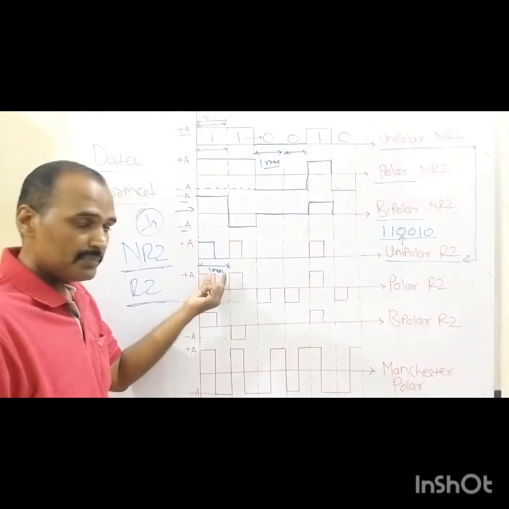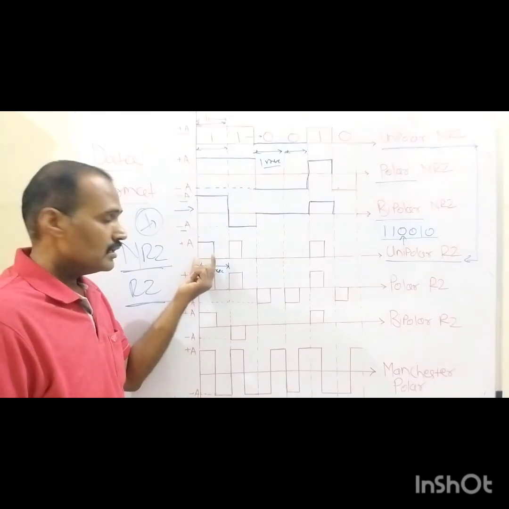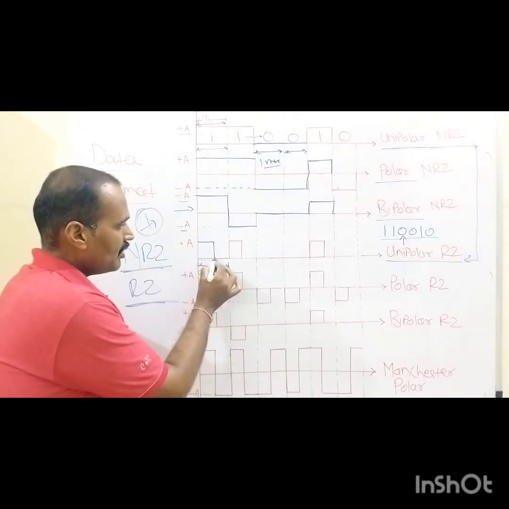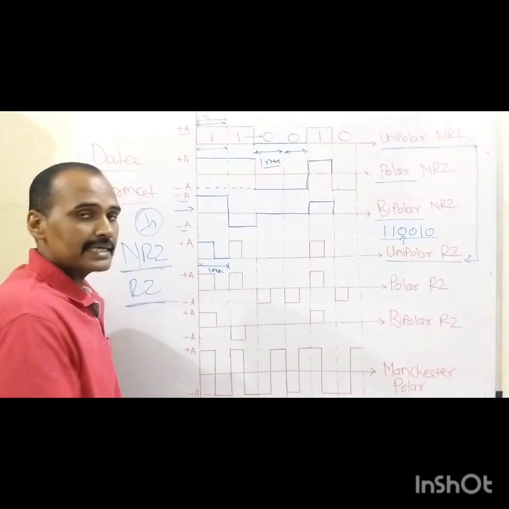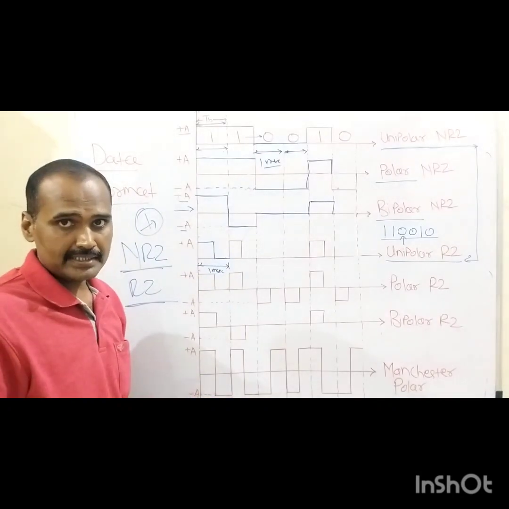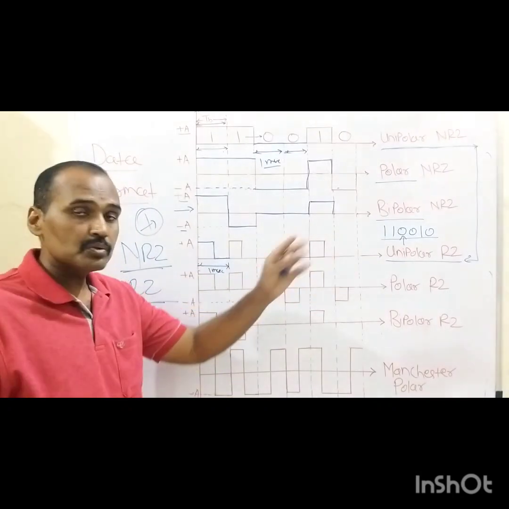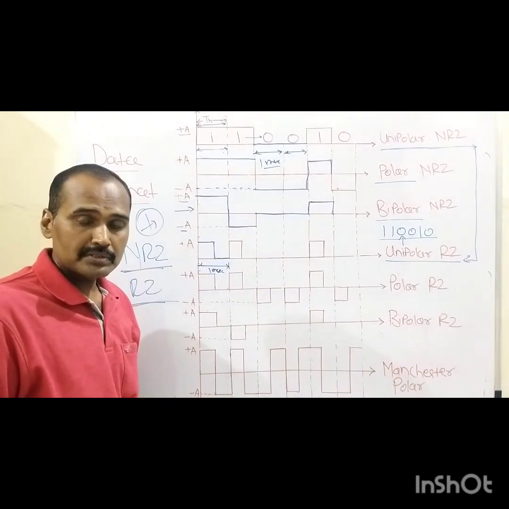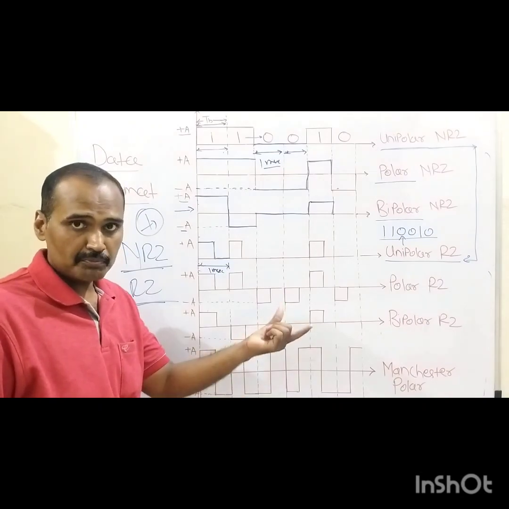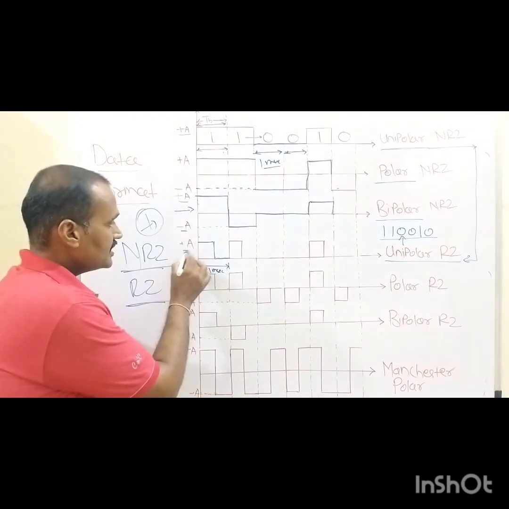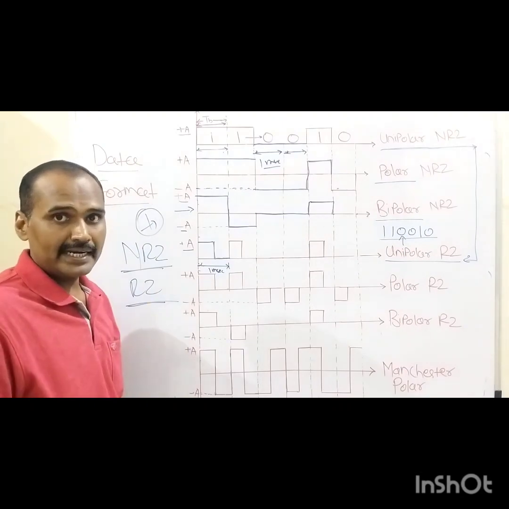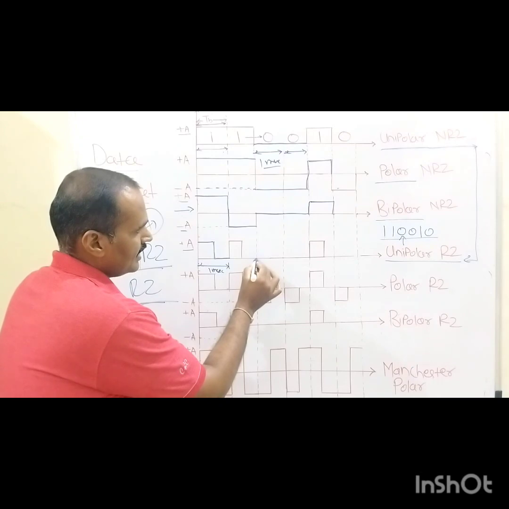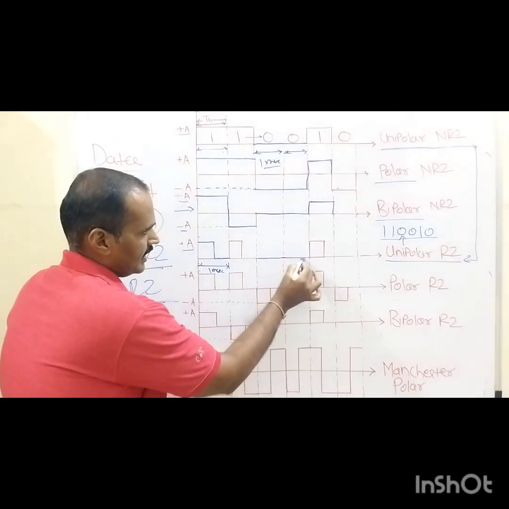So out of that 1 millisecond, for the first 0.5 millisecond, this plus A volt is being assigned, and for the remaining 0.5 millisecond, the 0 volt is being assigned, because it is a return to zero type of symbol sequence, right? As it is a unipolar return to zero type of symbol sequence, this voltage is being assigned only for binary 1. Whenever we are going through binary 0, at that time what will happen? The 0 volt is being assigned, right?